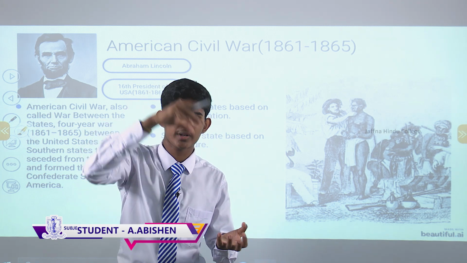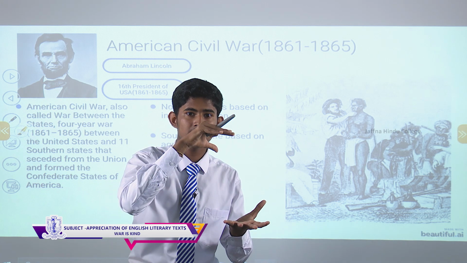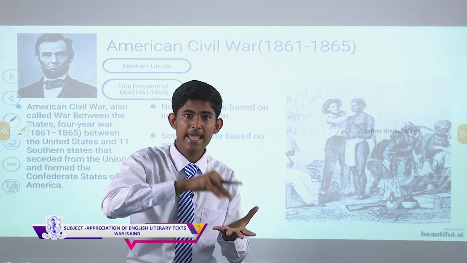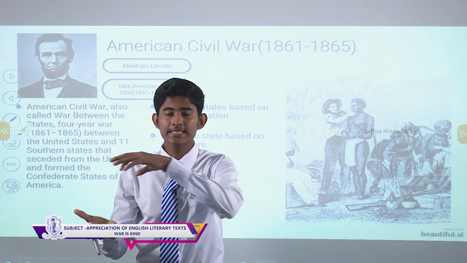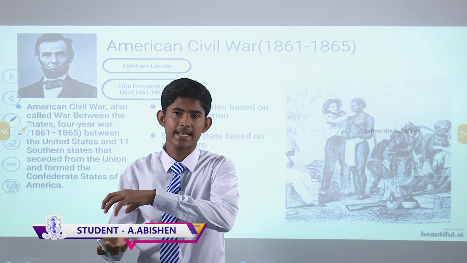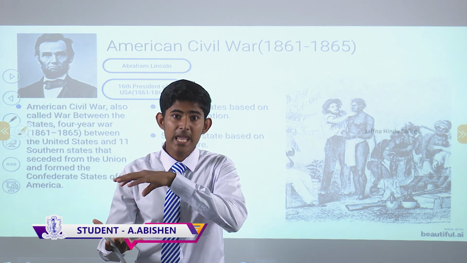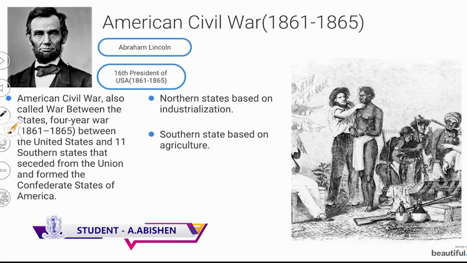And there were high authorities to protect the laborers' salary and rights. On the other hand, the southern states were based on agriculture, and the labor force came from slaves. Here you can see how a white man is treating a slave.